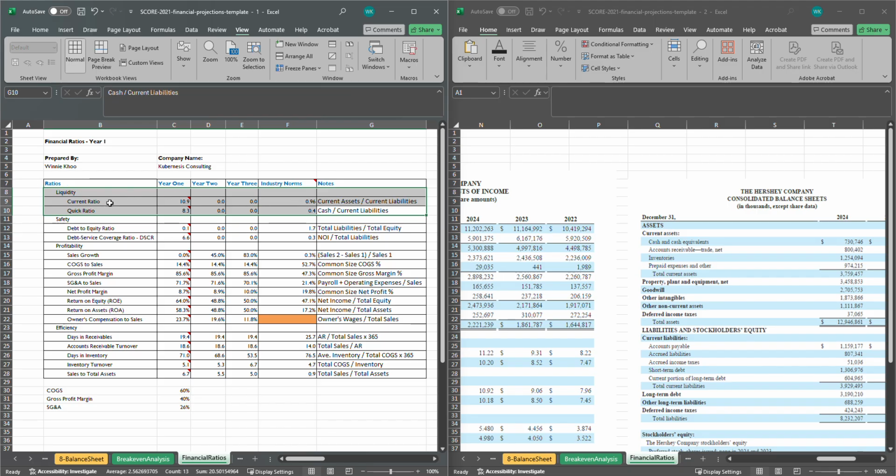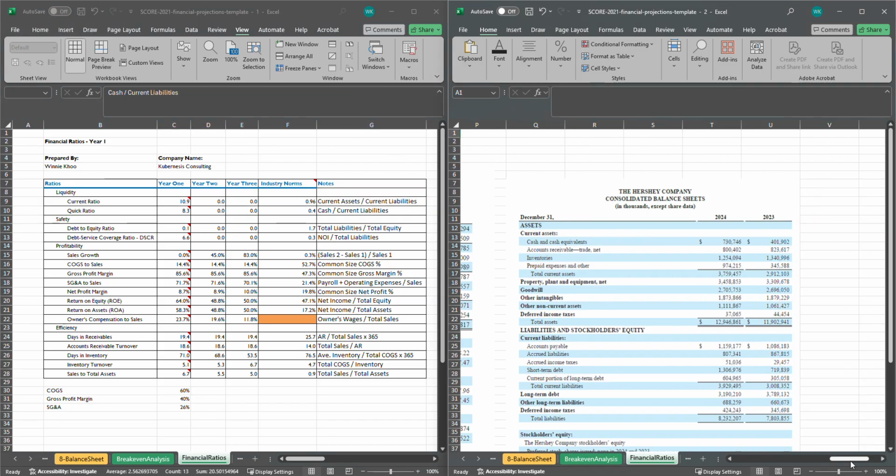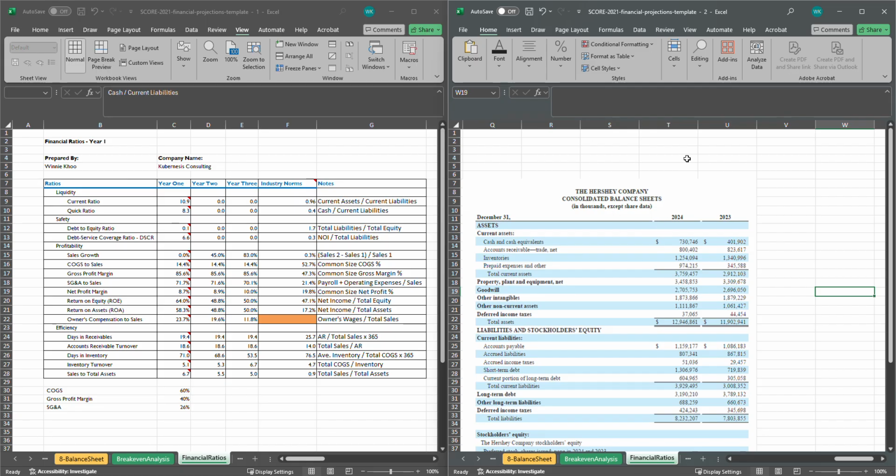Starting from the top, we have liquidity. The current and quick ratios come from the balance sheet, and I'm going to use the 2024 numbers for the analysis. Here we've got current assets over current liabilities: current assets of about 3.7 million over current liabilities of about 3.9 million.